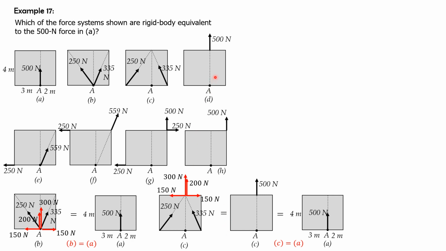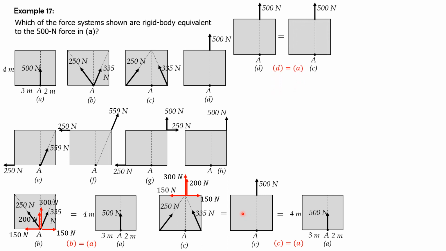Then D. D is equivalent to C. D and C are the same. So therefore, and C is equivalent to A. So D is also equal to A. Then E. So horizontal component of 559 is 559 times 1 over square root of 5.